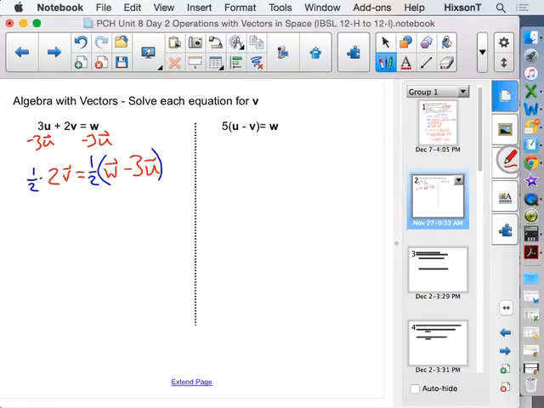And we get vector V equal to 1/2 vector W minus 3/2 vector U. Then if you knew what W and U were, you could figure out what V needed to be.